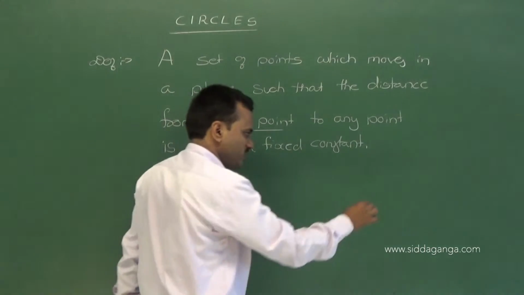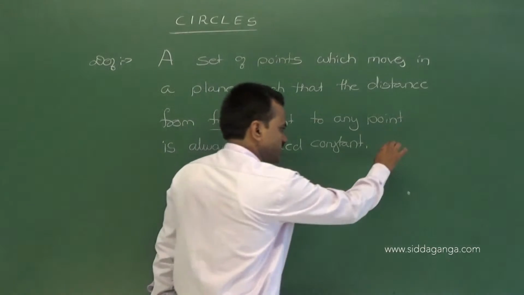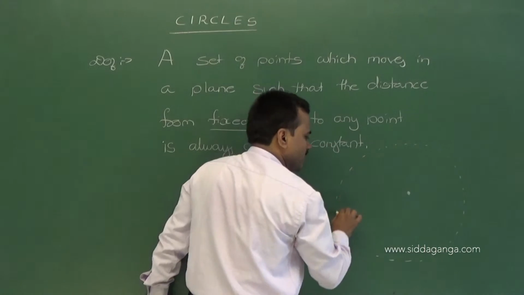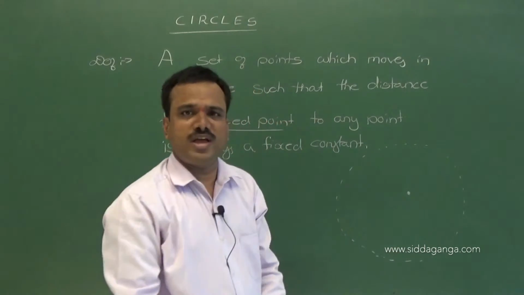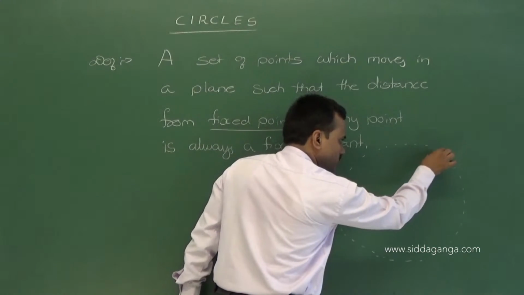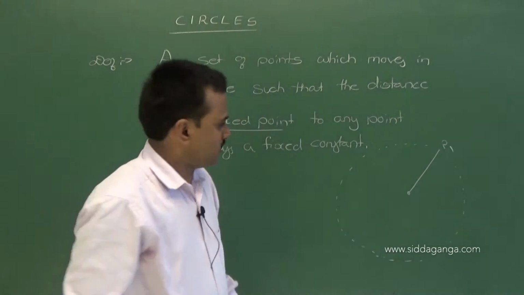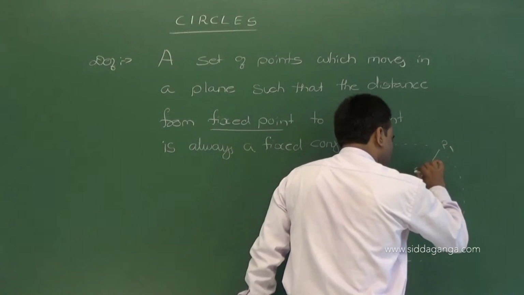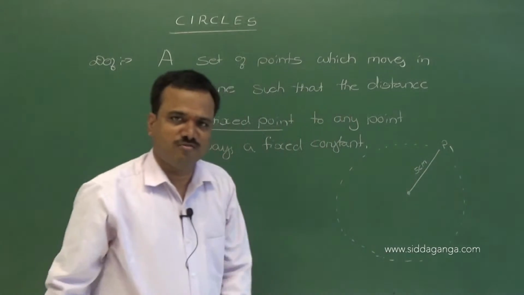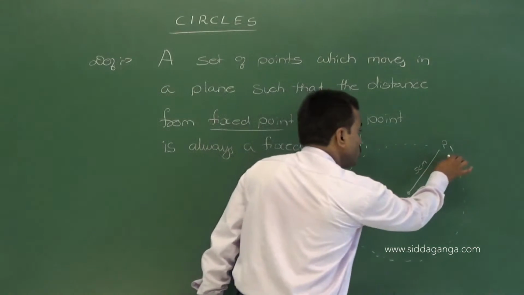That means I draw here, this is our fixed point. The set of points move in a plane such that, suppose the distance from the fixed point to this point, I call it the point P1, is just 5 centimeter. Same distance is covered by all the points.